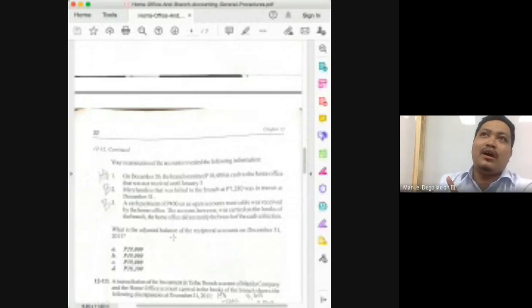So what do you think was the entry correctly prepared by the home office? What kind of transaction is this? Investment. So what would be the debit? Debit, investment in branch, and credit, shipments to branch, in the amount of 7,280. Was that prepared? Yes.